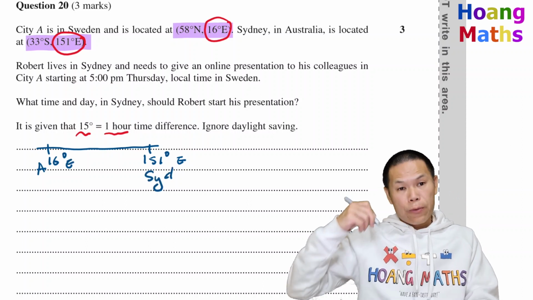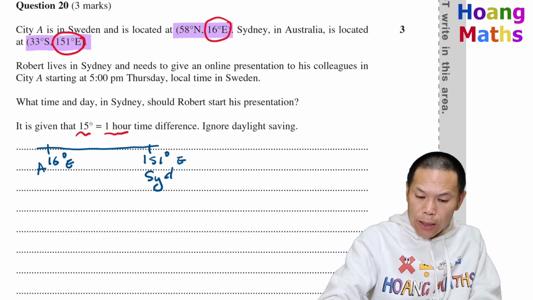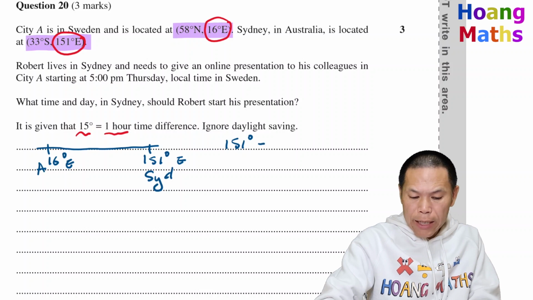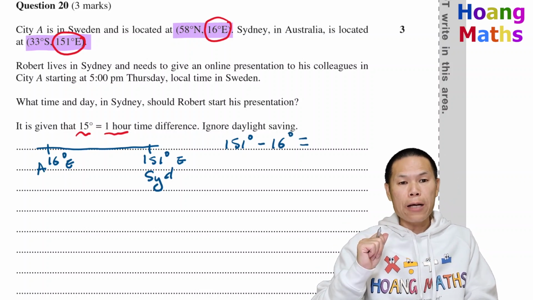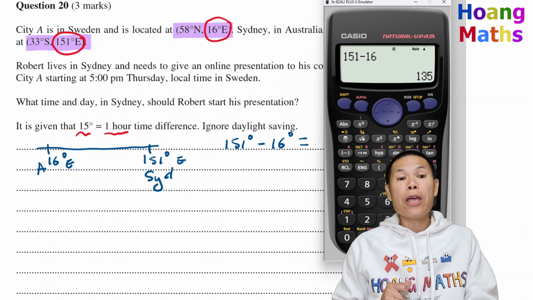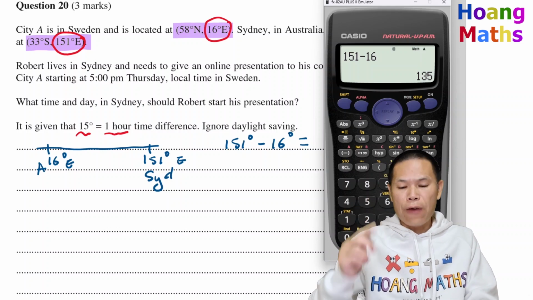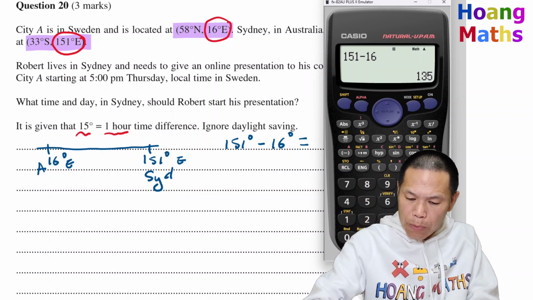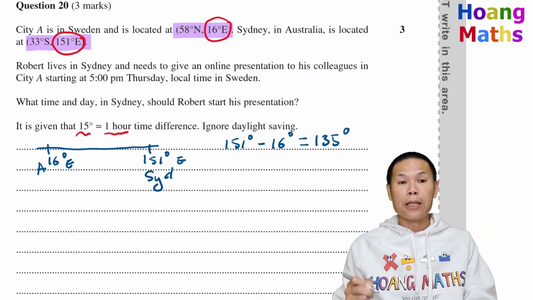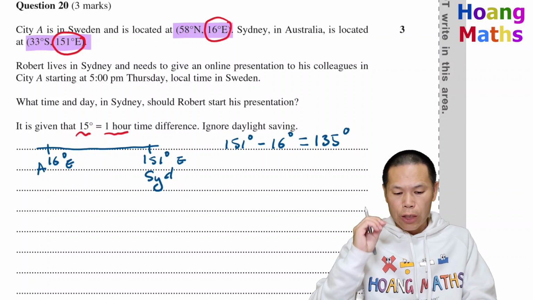Therefore, the angle difference is 151 degrees minus 16 degrees. So I just put on a calculator, 151 minus 16. There you go, 135 degrees. That is the angle difference. So keep that in mind.